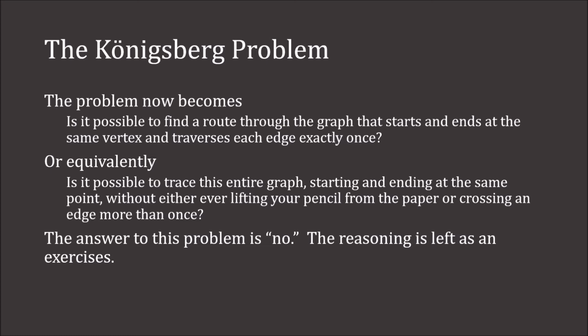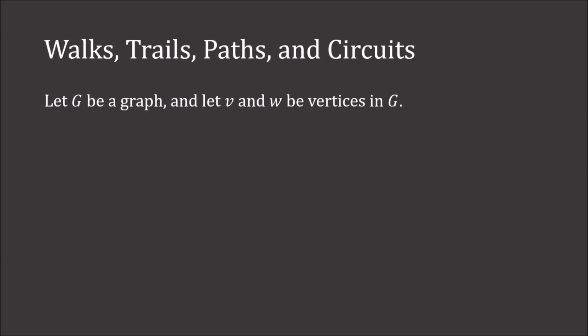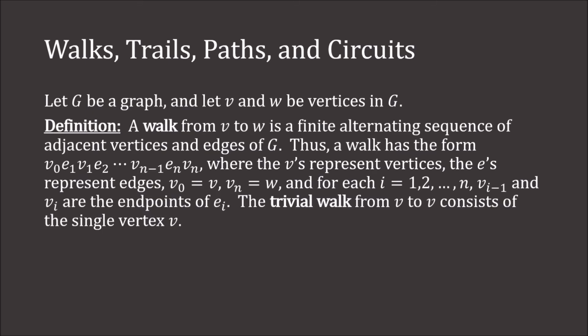So this introduces some new terminology that we should introduce. Let G be a graph, and let V and W be vertices in G. A walk from V to W is a finite alternating sequence of adjacent vertices and edges of G. Thus, a walk will have the form V0, E1, V1, E2, and so on and so forth, where the V's represent vertices and the E's represent edges.